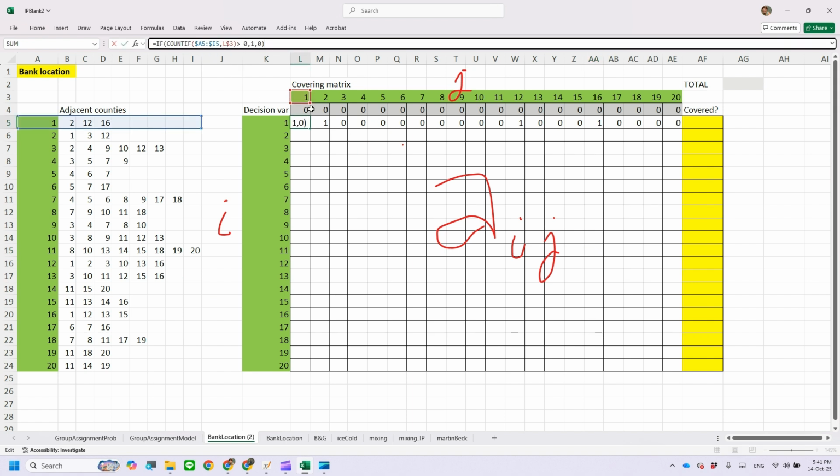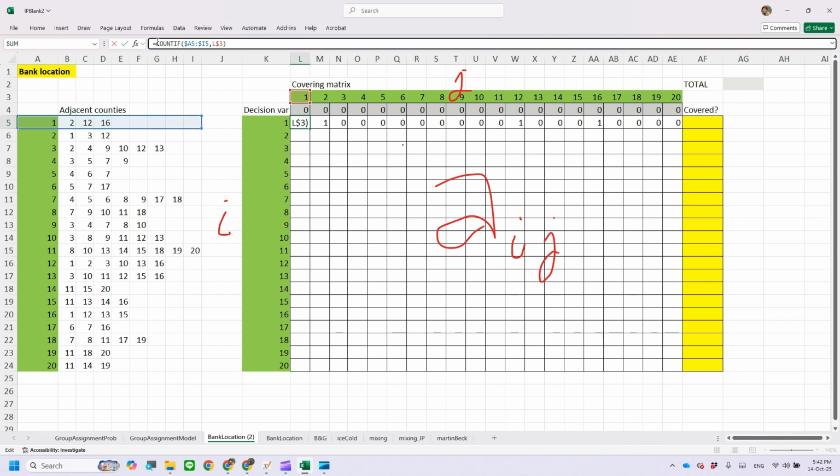So we just want to check, going row by row, if county i is in this set. So I'm going to remove this one. We check if the county in cell L3 is in this list.